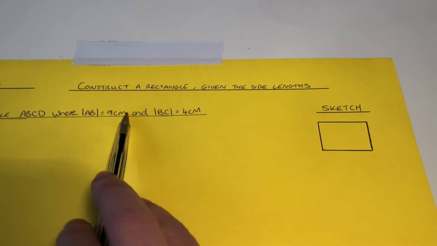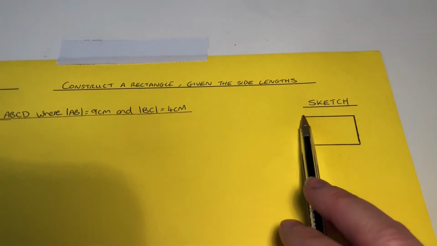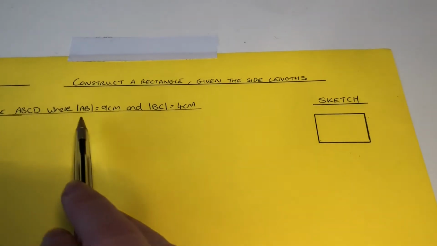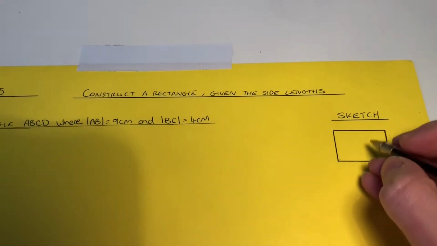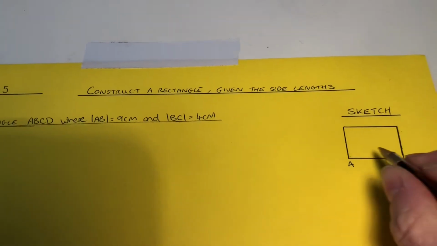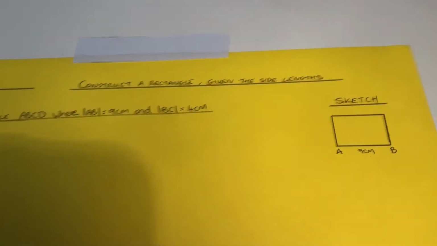Now this is the larger of the 2 sides that we've been given, so that means that my larger sides, the top and the bottom, I can pick any one of those. So I'm going to pick then A and B to go here, and they will have to measure 9 centimetres.